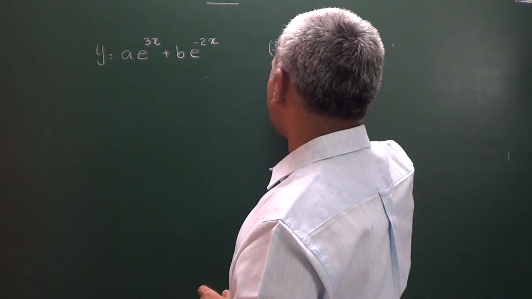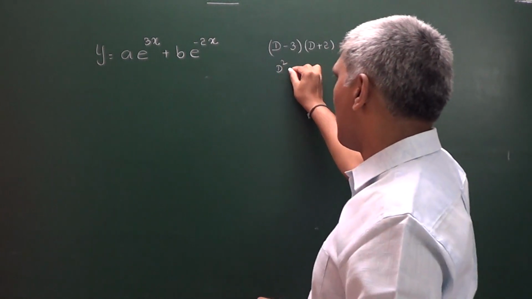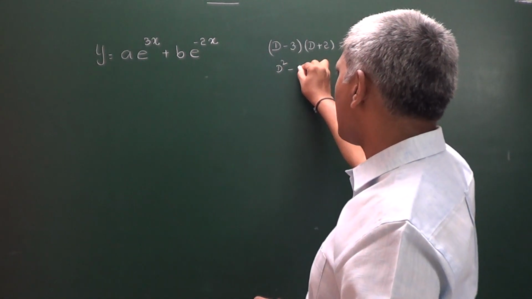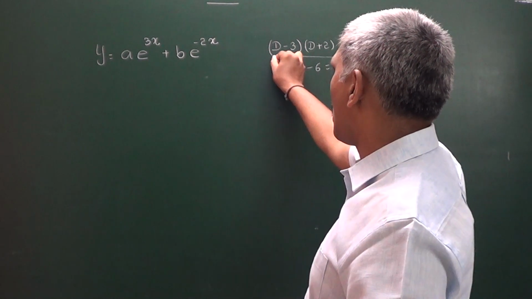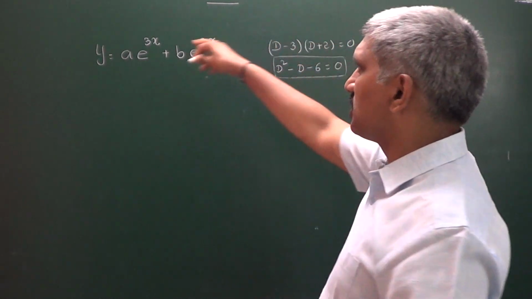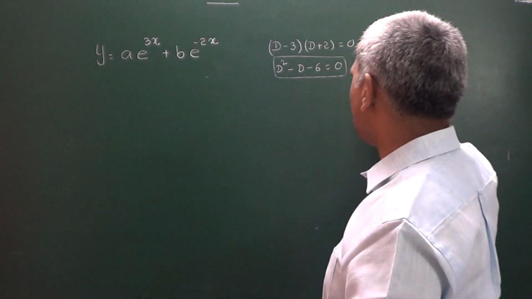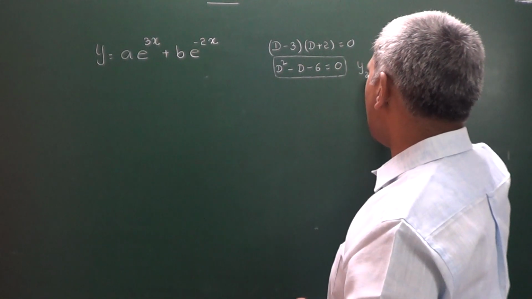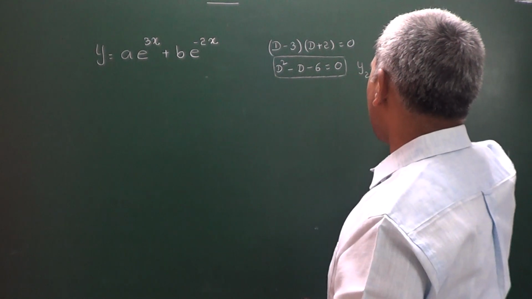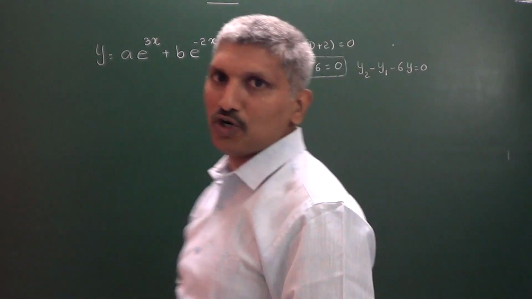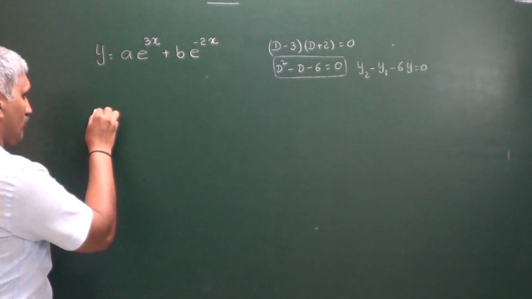Therefore, we get D² - D - 6 = 0. Now the differential equation for this family of curves is given by y2 - y1 - 6y = 0.